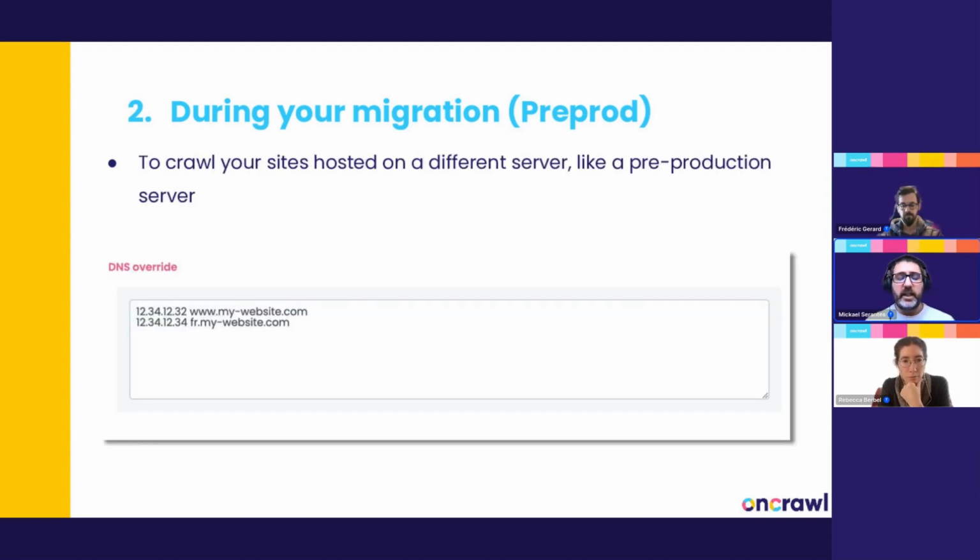The second one: for security reasons, you may have protected your staging site, and it may be hosted on a different server. So we have this feature, DNS override, that will let the crawler access your staging site, even if it's on another IP.